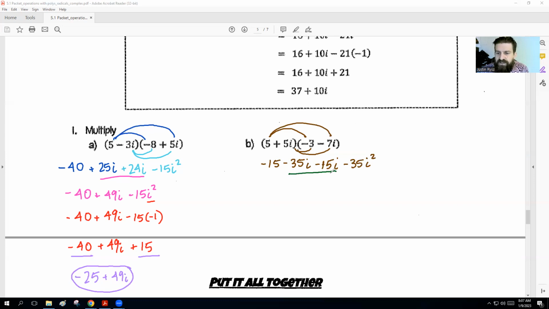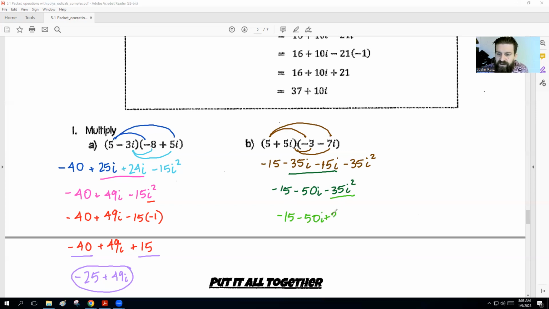Okay, let's combine the middle terms here. We got negative 15 minus, all right, negative 35i and a negative 15i makes a negative 50i minus 35i squared. Then let's change this here. All right, i squared equals negative 1. So really, all we're going to do is just change this negative 35 times negative 1, make it a positive 35.